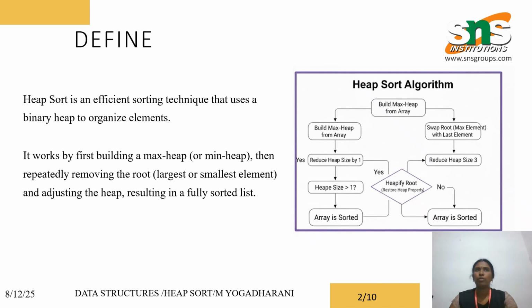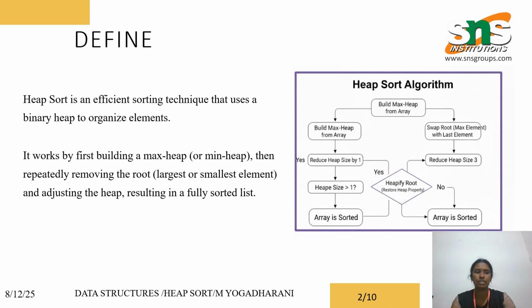As we saw already about the heap tree, heap sort is similar. In a heap tree, we have three operations: insert, delete, and search. Here, a heap sorting algorithm first needs to build a heap, that is, create a max tree or min tree from the input array.